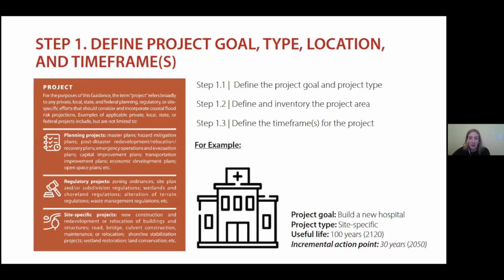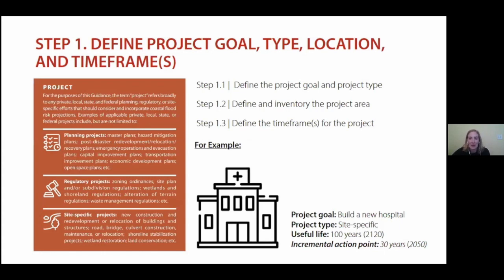This step gets a bit more complicated if you're dealing with a big area or for a broad project like a master plan or an update to existing floodplain regulations, for example, where the project area might actually be an entire jurisdictional boundary that you might think about breaking down into sub areas like zoning districts or perhaps specific structures, facilities, and natural resources might need to be inventoried and categorized within that larger project area.